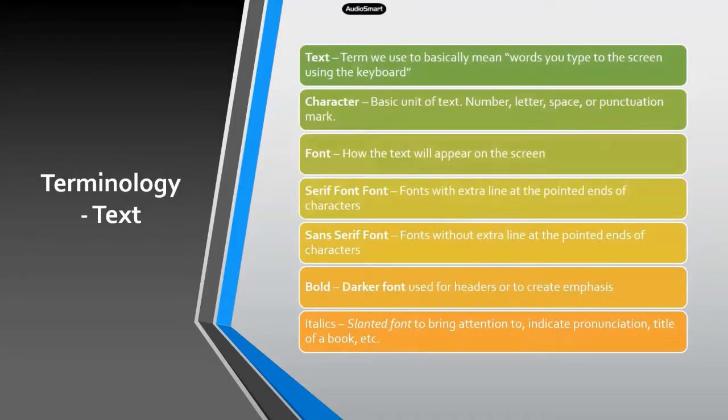You may have heard of Arial or Times New Roman, which are popular fonts for Word documents. There are two types of fonts, serif and sans serif. Serif fonts have fancy little tails or lines at the pointed ends of their characters, while sans serif fonts do not have the extra lines, so they appear easier to read and simpler. Bold is thick and darker fonts for emphasis. Italics refer to slanted fonts.